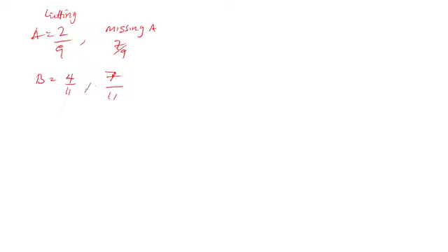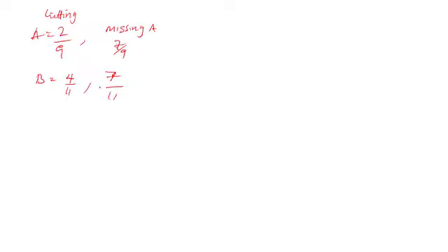Remember, A hitting the target was 2 over 9, and A missing the target is 7 over 9. Then B hitting the target was 4 over 11, and missing, we got 7 over 11.